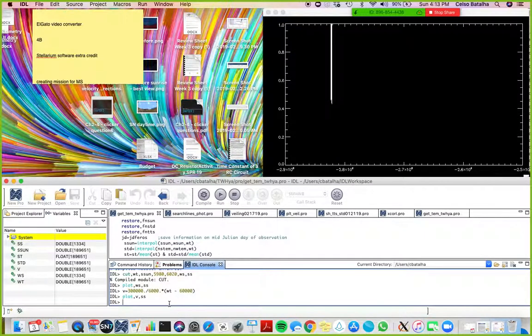Okay, wait a second. XR, XL. What's going on here? Oh, I did something wrong here, sorry. That would be 6,000 better. 300,000 kilometers per second.